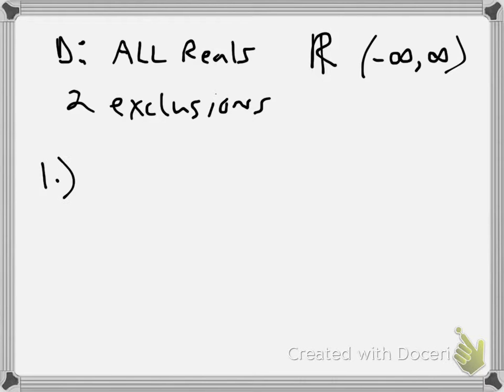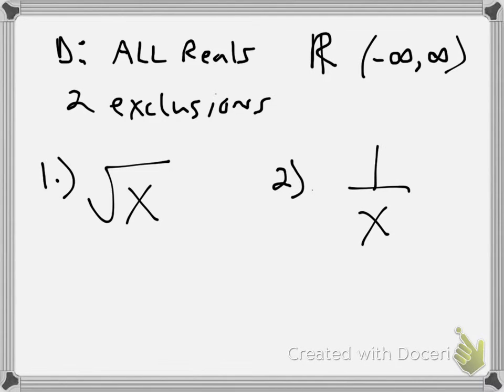The first is if you have a square root with an x inside of it. The second is if you have x in the bottom of a fraction. If you remember from Algebra 1, x cannot be negative inside of a square root. We can't have a negative number in there because that gives us imaginary domains, and so, no real numbers.